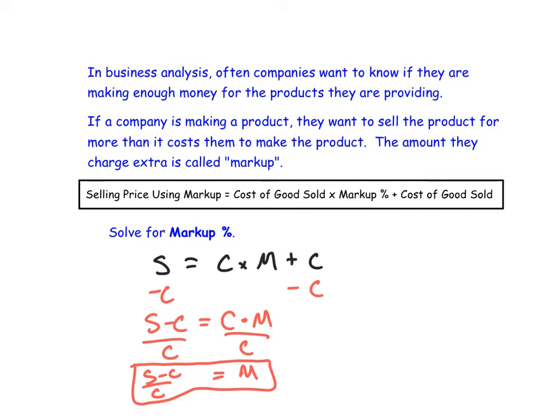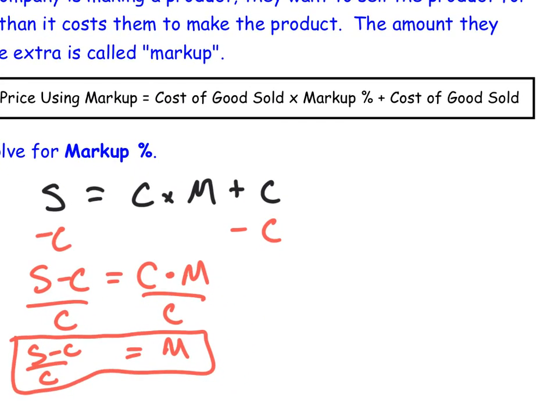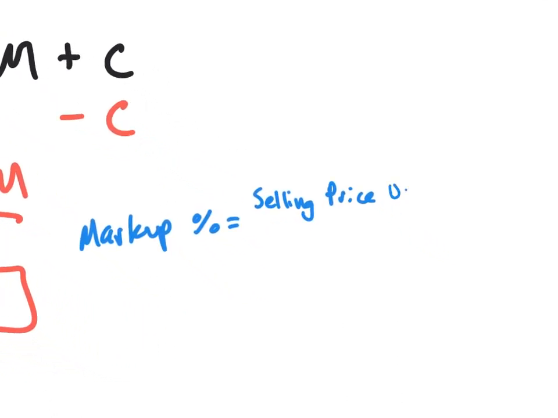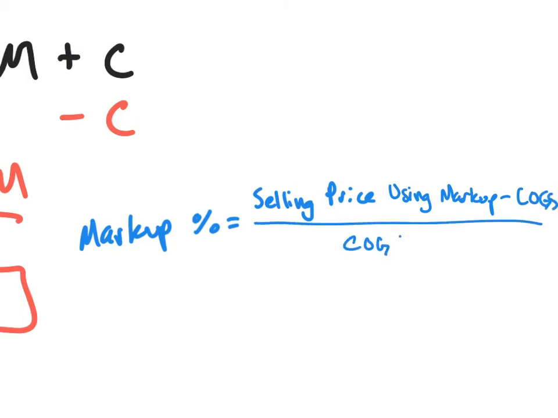So the markup percent equals S, which is the selling price using markup, minus cost of goods sold, all divided by cost of goods sold. Oftentimes you'll see that as COGS.